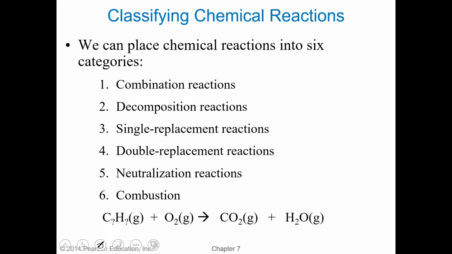Combustion we've talked about a lot already, when it had to do with balancing. Combustion reactions are always the same. You have some type of hydrocarbon, either with or without oxygen, that is added to oxygen in the presence of heat, and it always gives us carbon dioxide and water as the products.